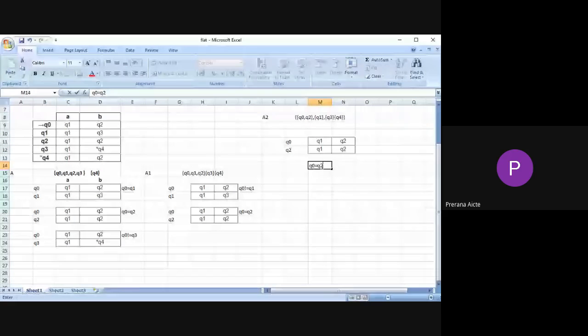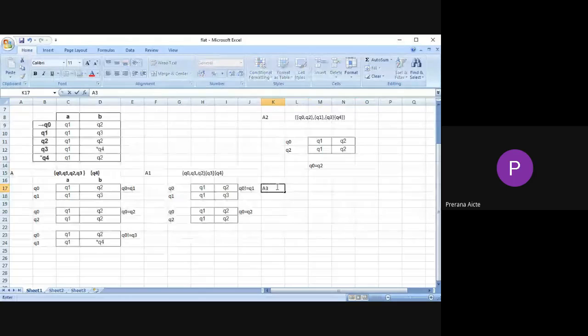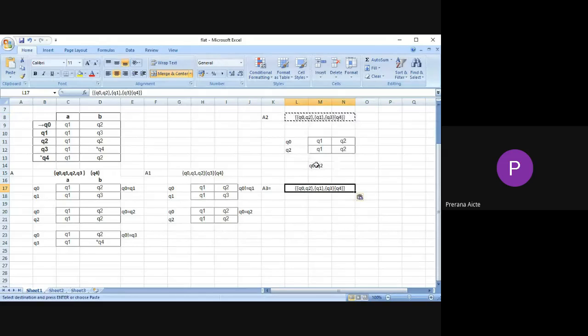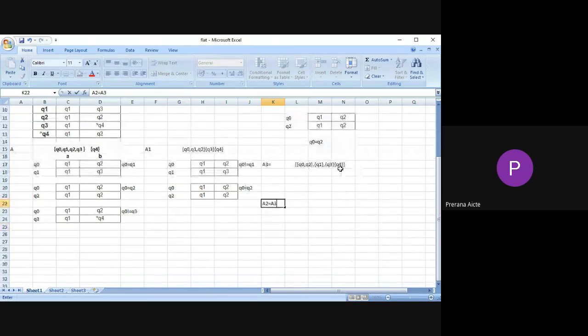Now A3 is the same as A2 because no new equivalence occurs here. Since A2 equals A3, we stop the procedure, and the states in the final automata are Q0 (with Q2), Q1, Q3, Q4.